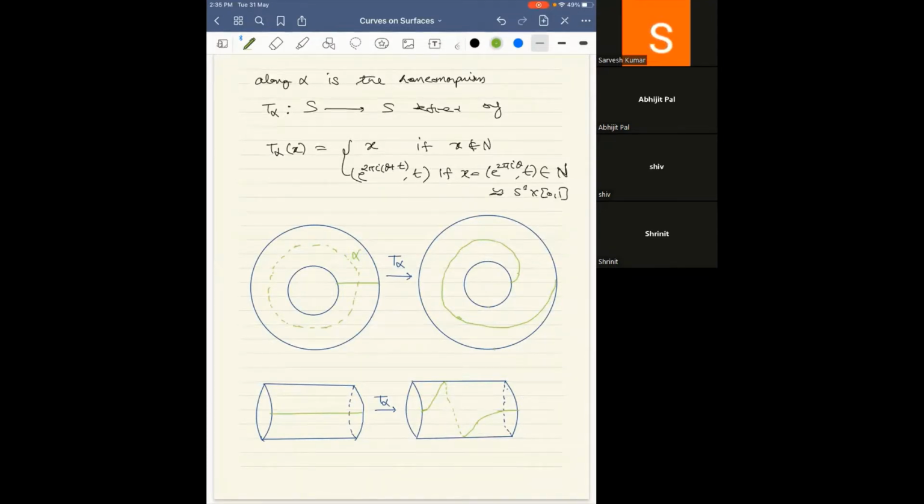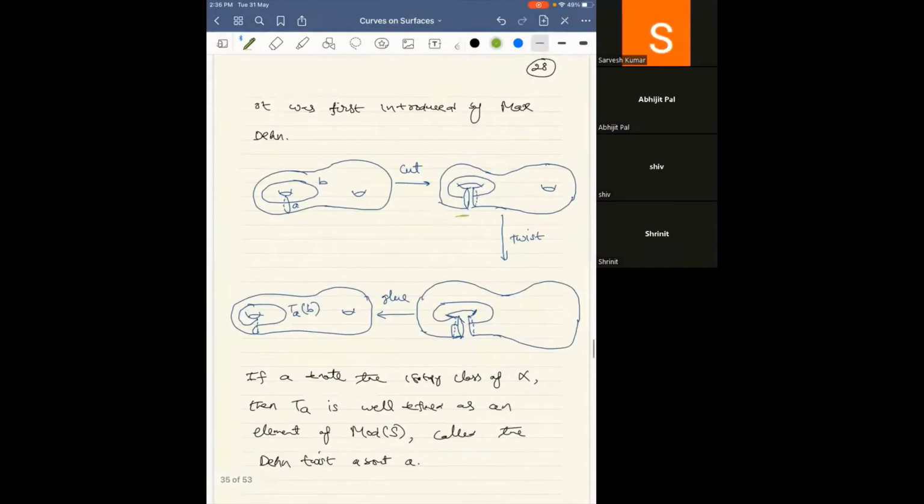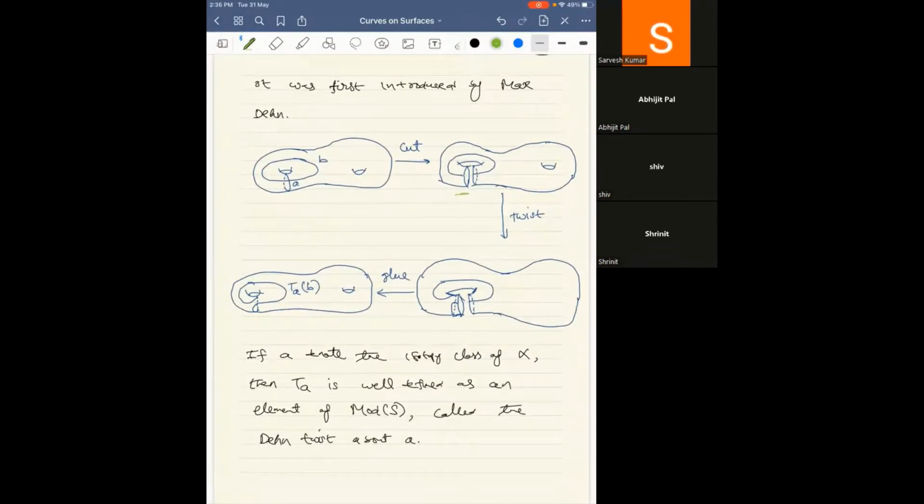For example, I can take any parameterization, so there are uncountably many such elements. This Dehn twist homeomorphism is not well defined. But if you look at it as an element of the mapping class group, then it is well defined, up to isotopy. So this T_A as an element of the mapping class group makes sense.